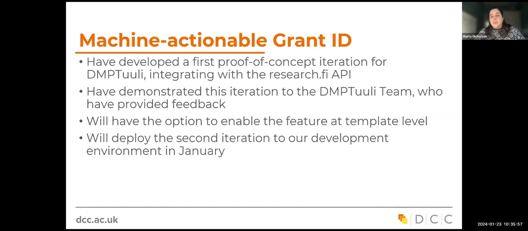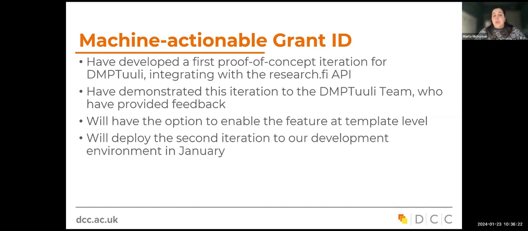So machine actionable grant ID is being done by Don, and so far what we have done with this is looking at how we can integrate research information from a funder using a grant ID.